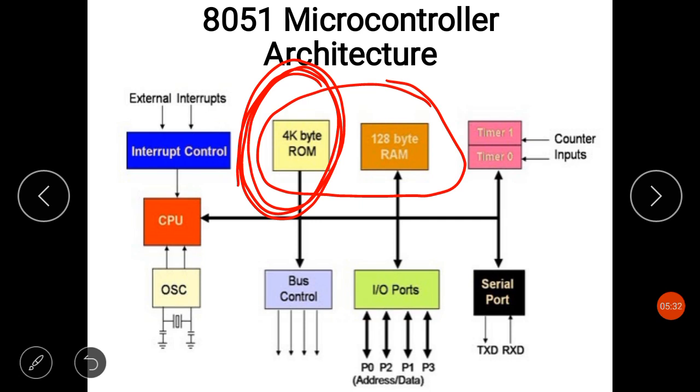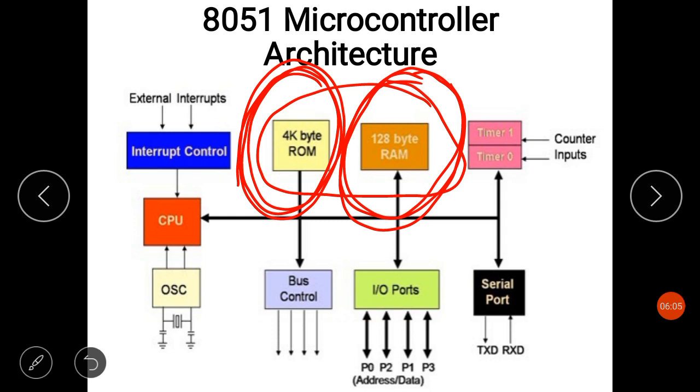Now the microcontroller also needs memory to store data or operands for a short duration. The storage space used to momentarily store data is known as data memory, which is also known as random access memory. This random access memory is used to store the data or operands temporarily.